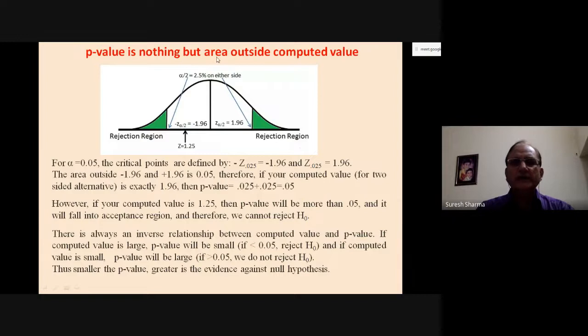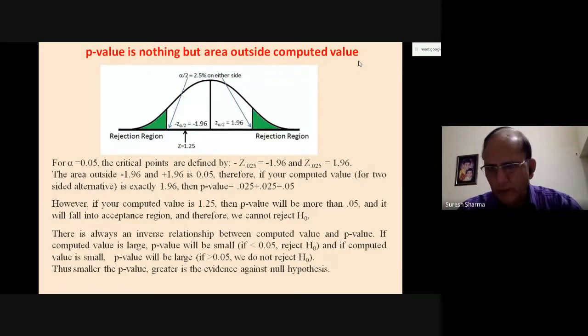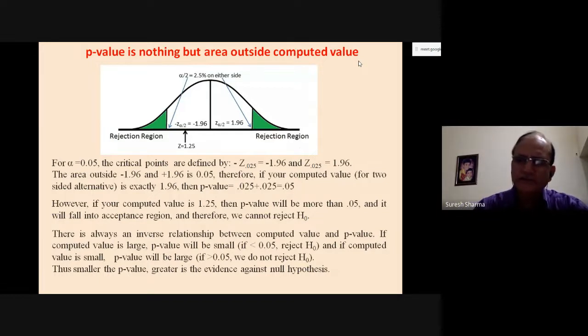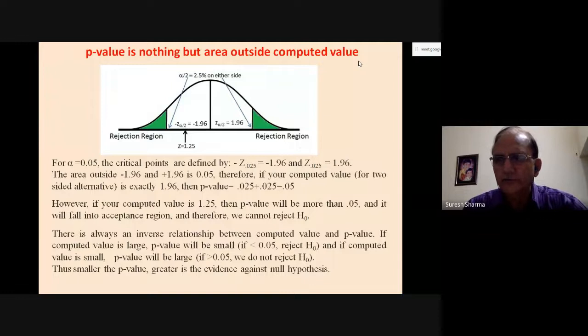P-value is nothing but the area outside the computed value. Let's say I fix my alpha to be 0.05 and my alternative hypothesis is two-sided. So this is an error. Probability of type 1 error is 5%. So if I'm testing mu equal to mu naught against mu not equal to mu naught, it's two-sided. I don't know whether mu is less than mu naught or mu is greater than mu naught.